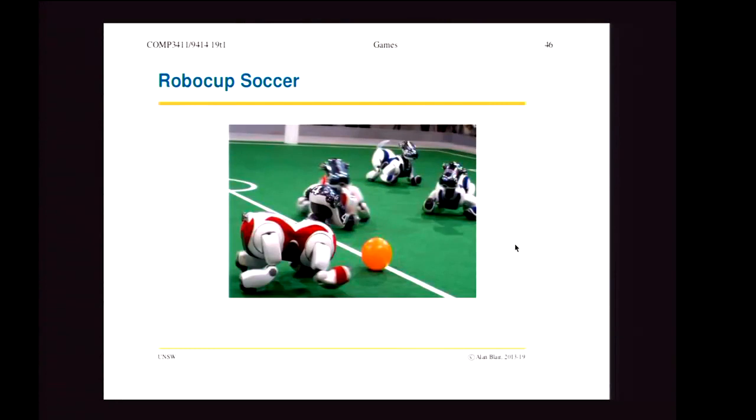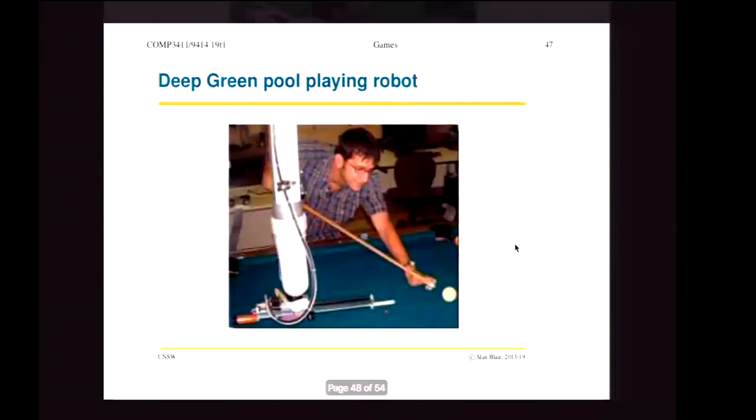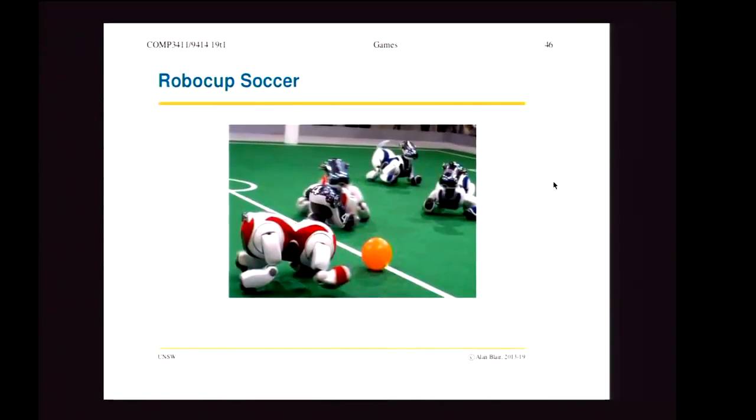And then we get to RoboCup Soccer. Let me just say a little bit about this. I showed you some of these videos. You've got to do vision processing, so you process an image and you try to locate the ball or the goal if you can. And if you can see the edge of the field or the markings on the field, you try to use that to guess your position.